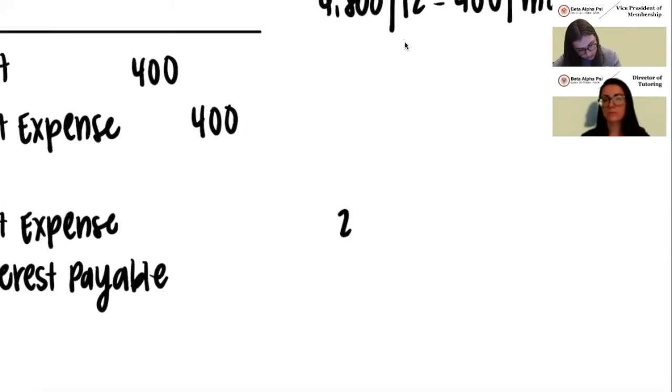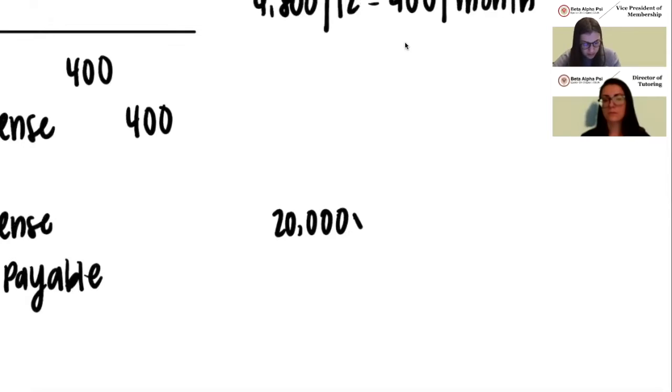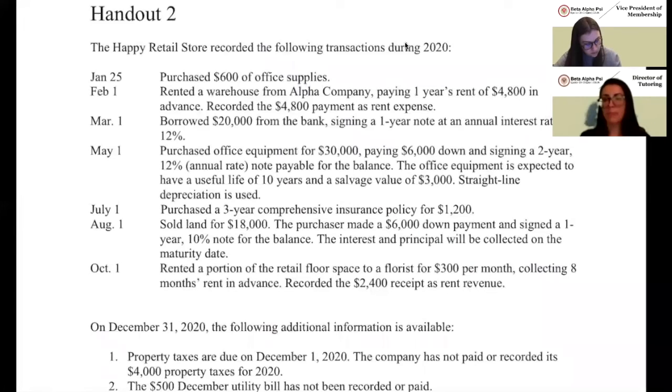So the note is $20,000 and it's at a 12% interest rate. And our interest rate is an annual interest rate. So we need to multiply that by how many months have happened.